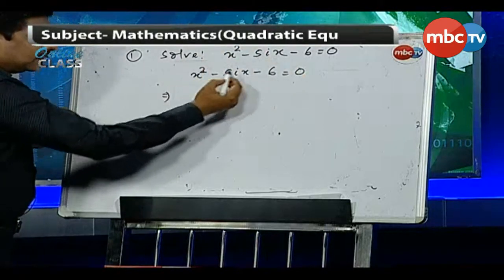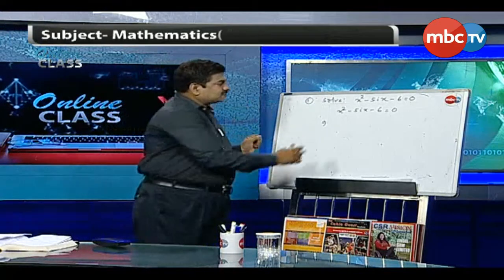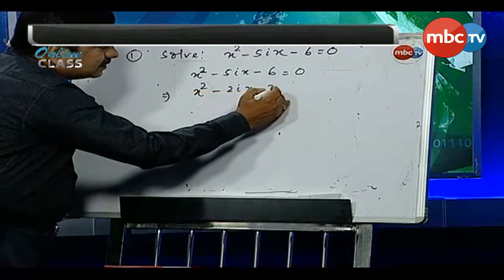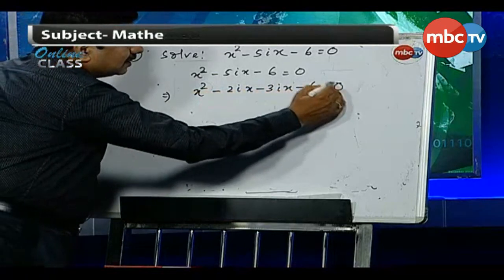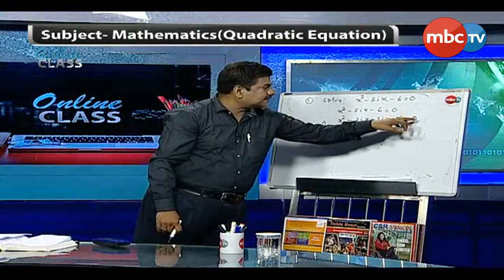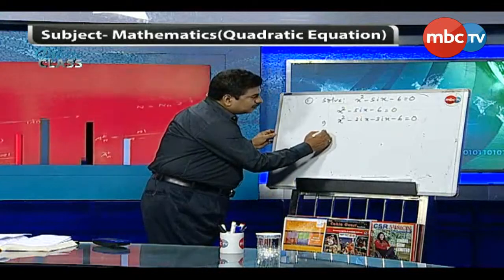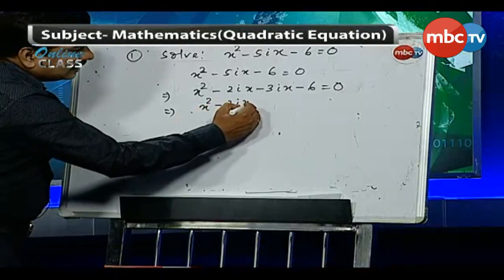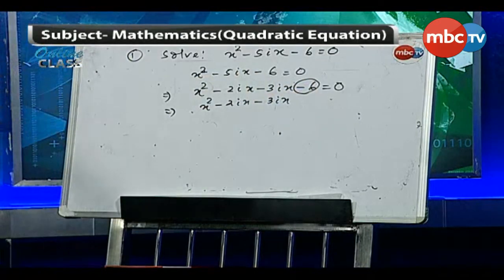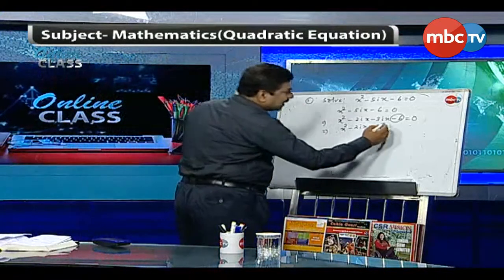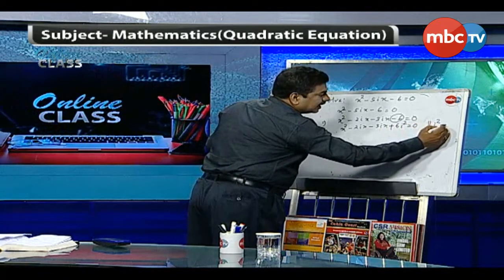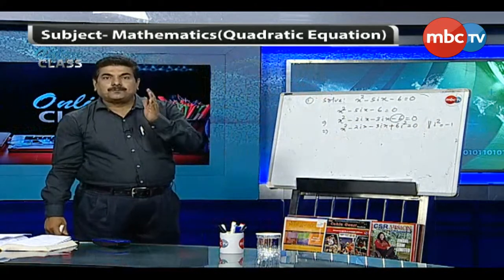Here by using the middle term factorization we can solve it as x square minus 2ix minus 3ix minus 6 equal to 0, dear. Instead of minus 6 we can write 6 i square, because we know that i square is equal to minus 1, dear.